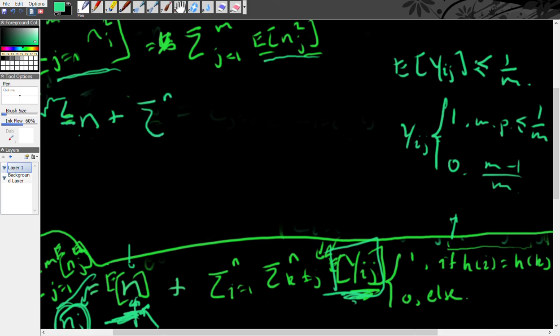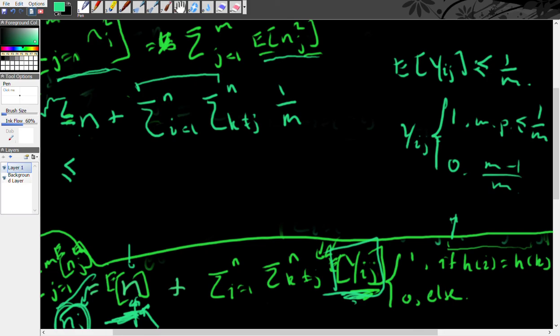Then the double sum, i equals 1 to n, k not equal to j, gives me 1 over m. Now again we come back down to the idea of distinct pairs. Each distinct pair is repeated exactly twice.